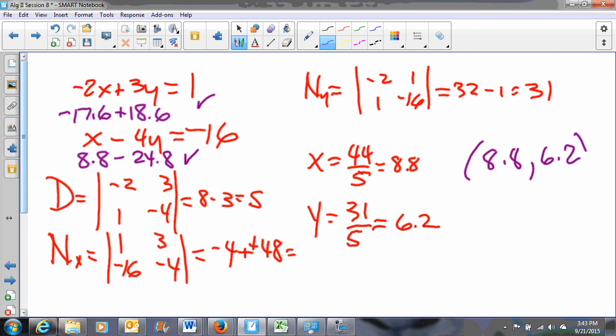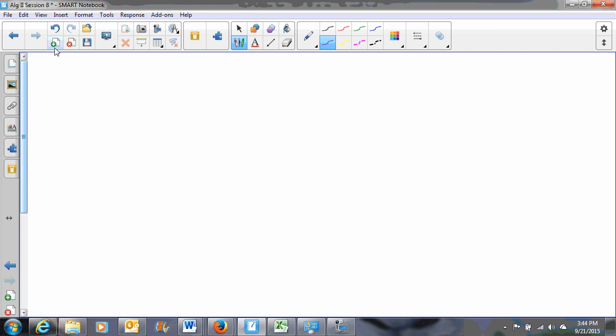Anyway, there you go with a two equation and two variable system example. Now let's move on to 3 equations and 3 variables. I'm going to need to be pretty careful about this. So let's just start out with a system.